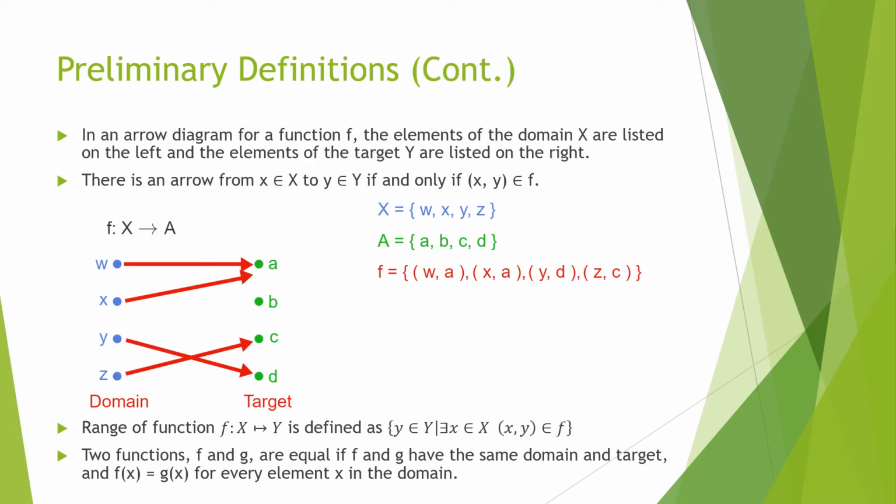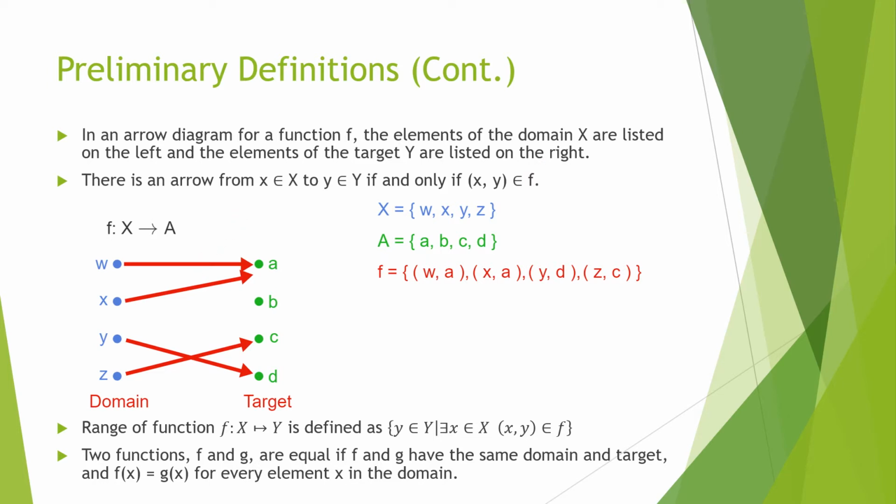There's an interesting representation of a function with a small domain and target, which we call an arrow diagram. In an arrow diagram for a function like f, the elements of domain x are listed on the left hand side, and the elements of target y are listed on the right.